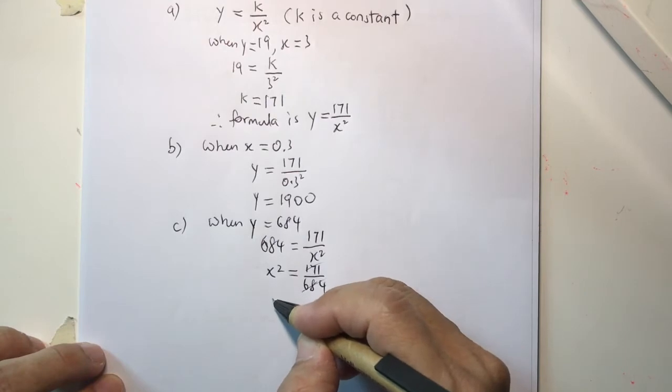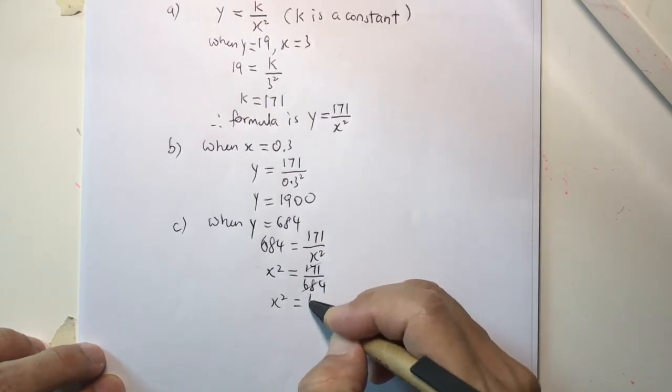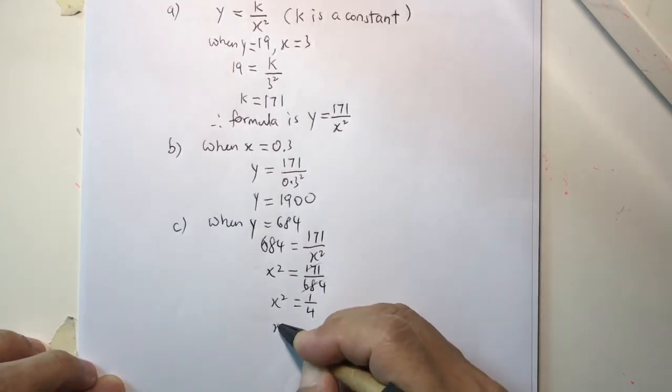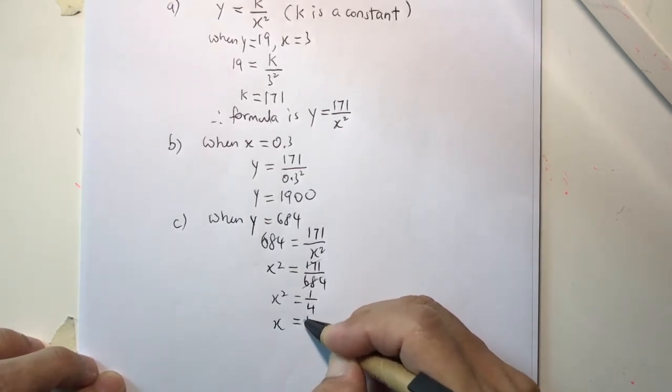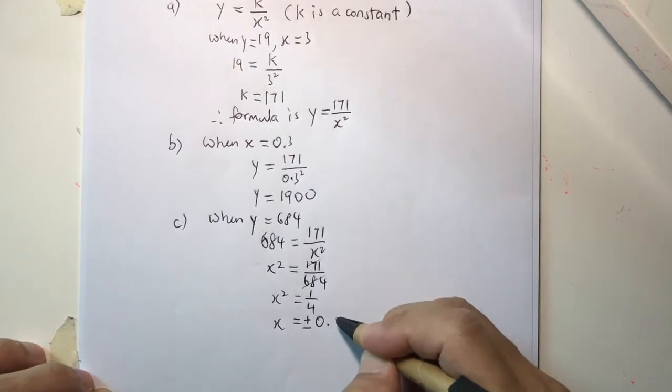Cancel. That works out to be 1/4, and the square root of that, since it's x squared, there are two possible answers, plus minus 0.5.